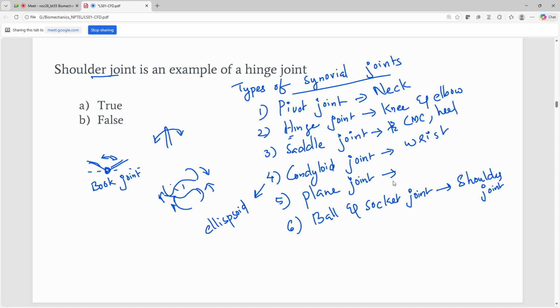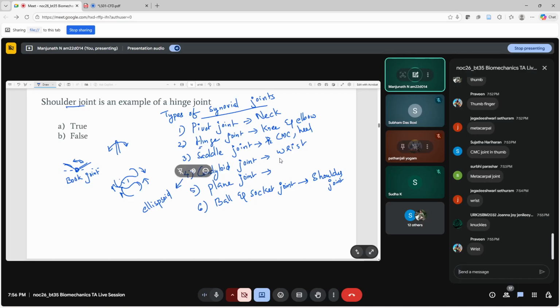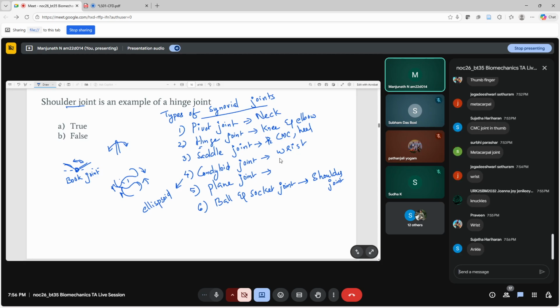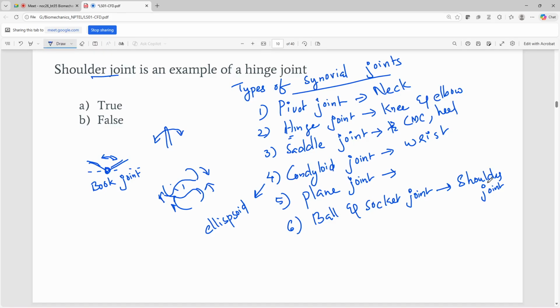And next one is plane joint. So one more example for plane joint. Then we can move on to the next question. Yes, ankle.